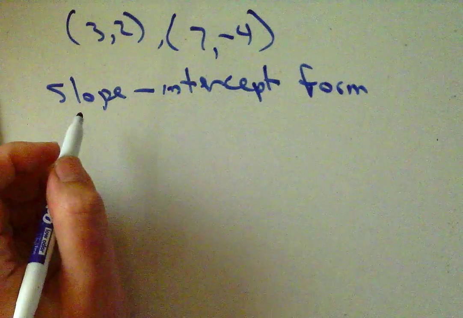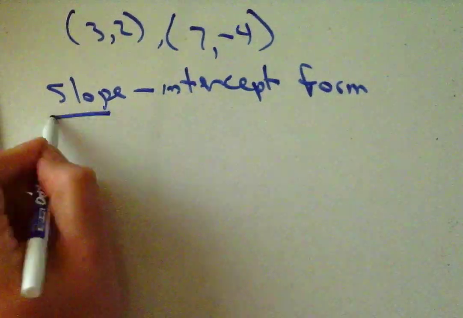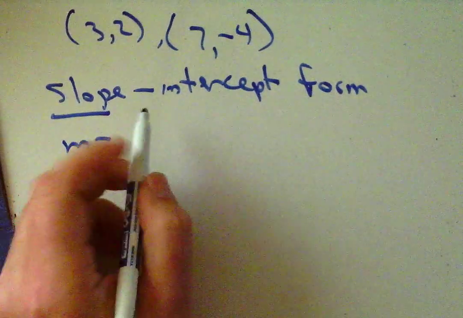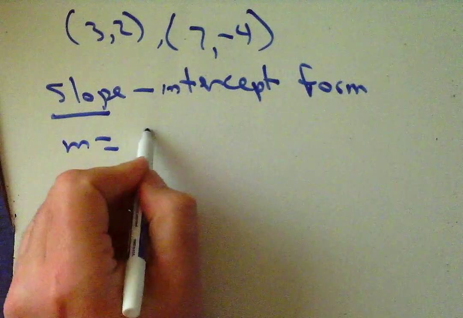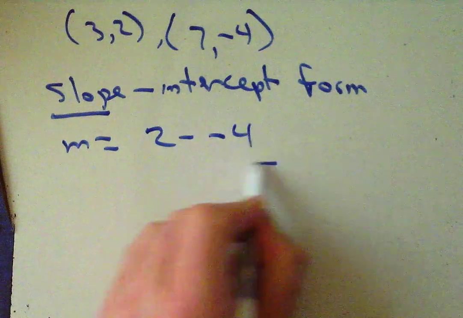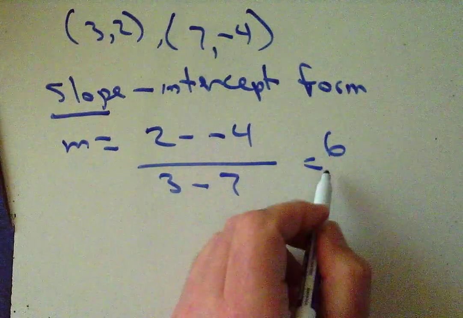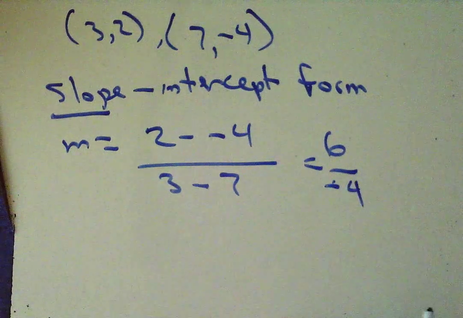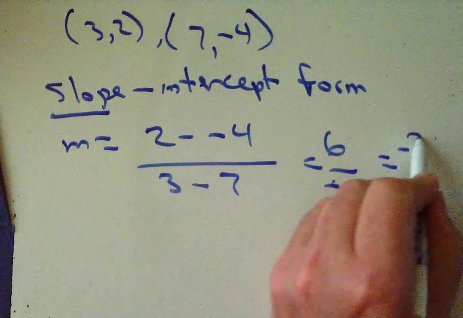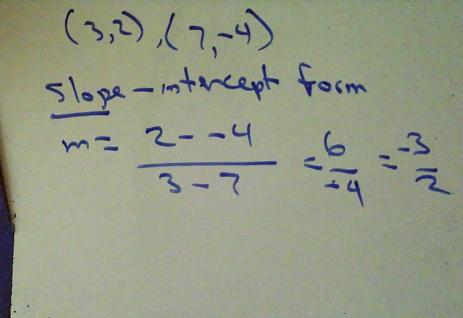So in order to use slope-intercept form, I need a slope. So let's start by finding the slope. We just practiced that. 2 minus negative 4 over 3 minus 7. I get 6 over negative 4. I get negative 3/2 when I reduce.